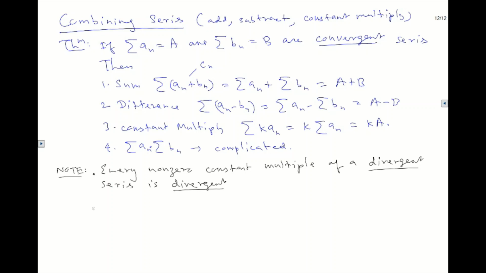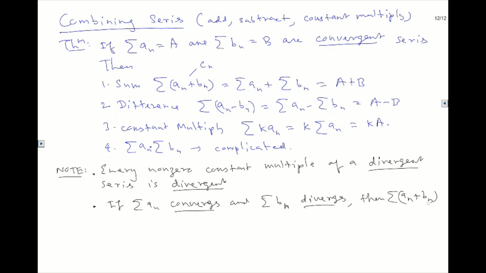That's the first one. And then we have, if sigma an converges and sigma bn diverges, so one converges, one diverges, then the sum, what do you think? The convergent one has a finite number. But what will happen to the other one?